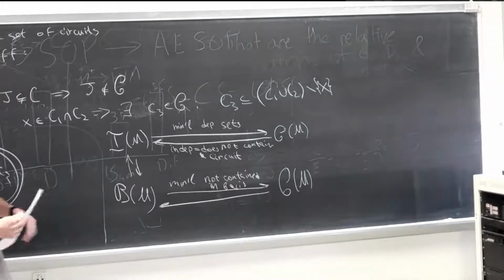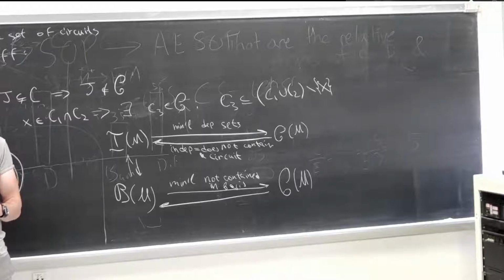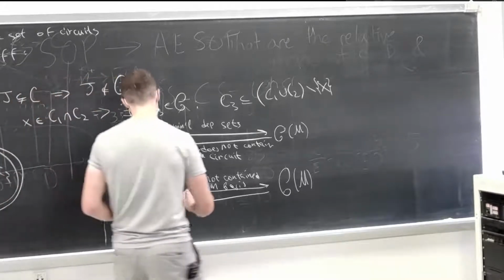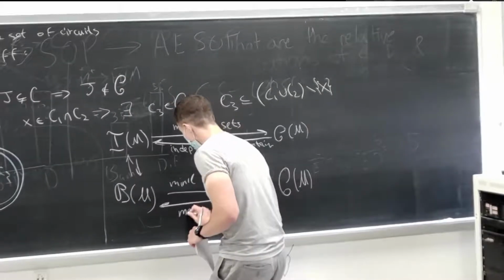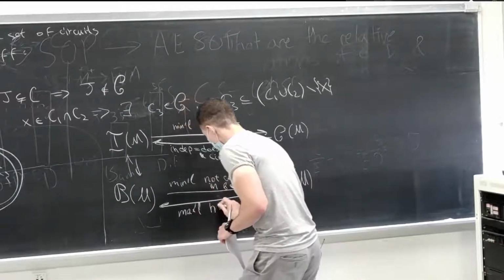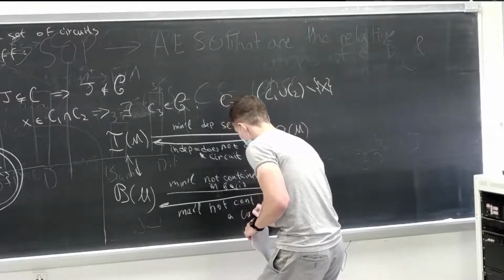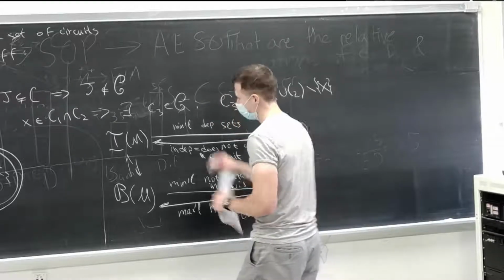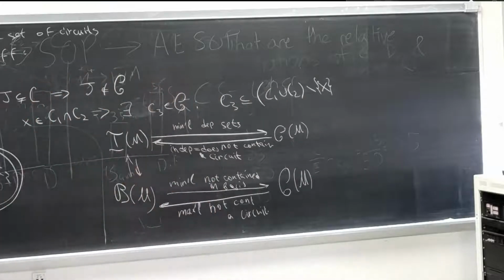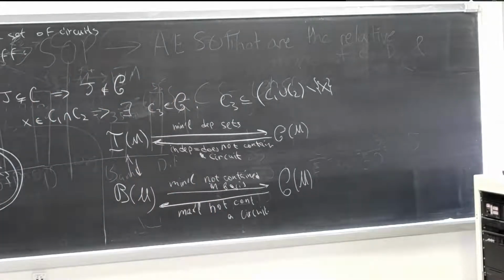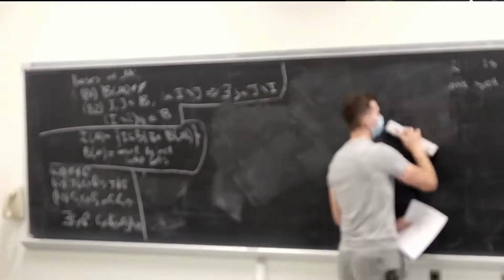And if I want to find the bases from the circuits, what do I say? Maximal set not containing a circuit. Okay. So it's good to practice this for a while to quickly be able to convert between different axioms.